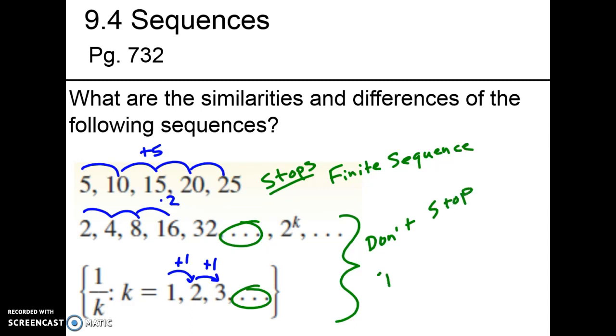And that is what we call an infinite sequence. And today what we're going to talk about is the different types of finite and the different types of infinite sequences. There are obviously many different types, and they can get very complicated, but we're just going to talk about the characteristics of different finite and infinite sequences.